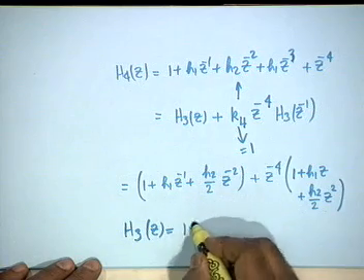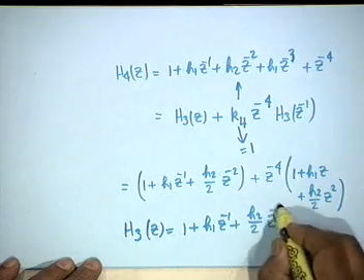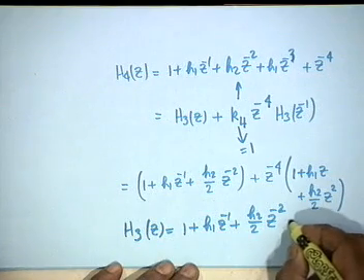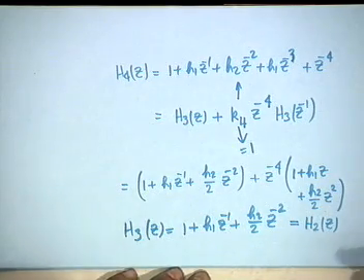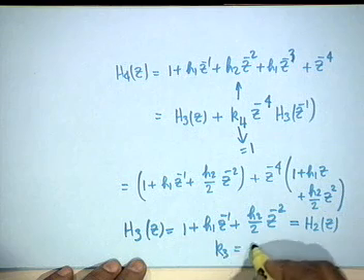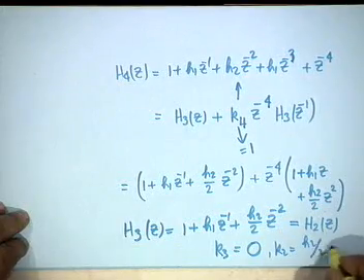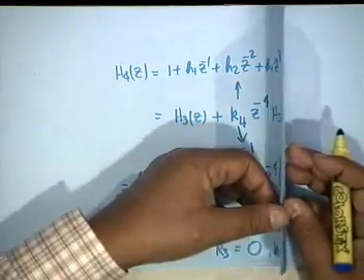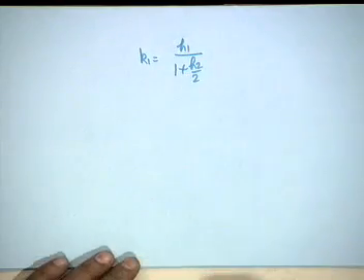H3(z) is equal to 1 plus H1 z inverse plus H2 by 2 z to the minus 2, which incidentally is a second order transfer function. So I have been able to reduce the order by 1. The conclusion is that K3 is equal to 0. Agreed? K3 equal to 0, and K2 is also obvious, H2 by 2, and K1 is also obvious. K1 shall be equal to H1 divided by 1 plus H2 by 2, and the synthesis is complete.